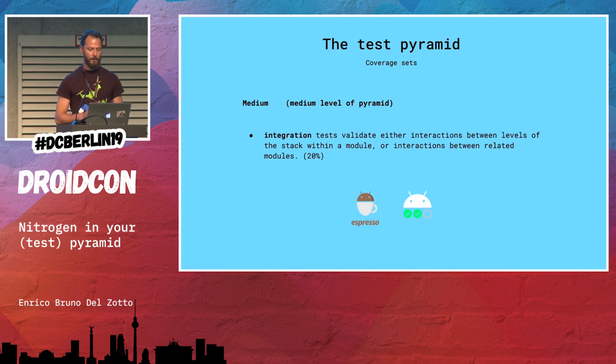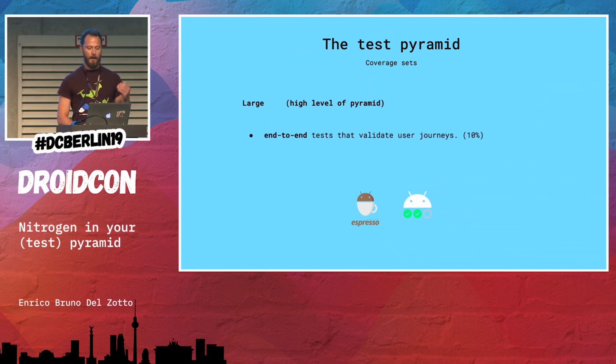In the middle level, we find the integration tests that you can use to validate the interaction between levels. You normally run these tests with a different framework, Espresso, directly on the device or in the emulator. At the higher level, you find the UI tests or end-to-end tests, which we use to validate the user journey, so the real behavior of the app.